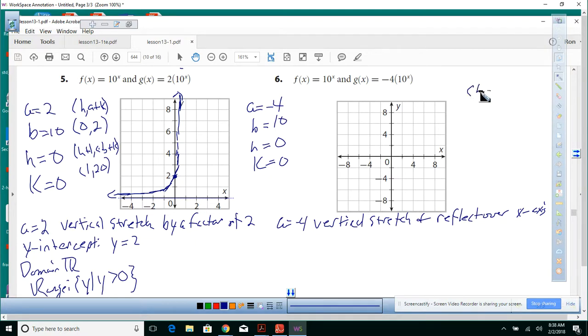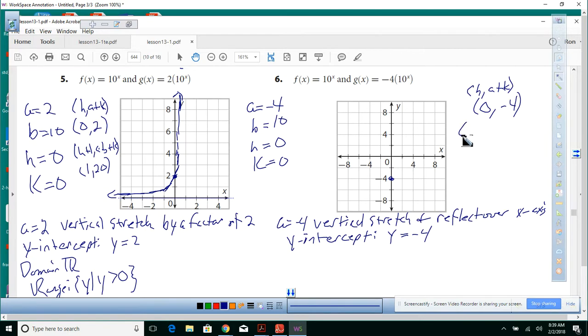All right, so let's find our points. We've got H and then A plus K. So H is 0. A is -4 plus 0, so that's -4. So we got 0, -4. That gives us our y-intercept. All right, and that's going to be y equals -4.